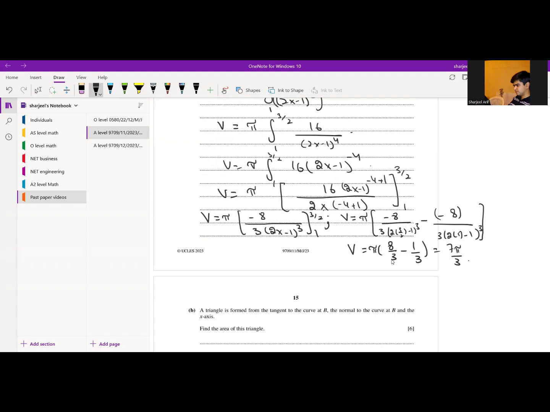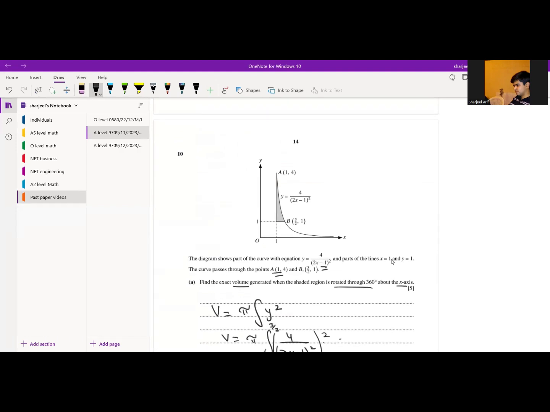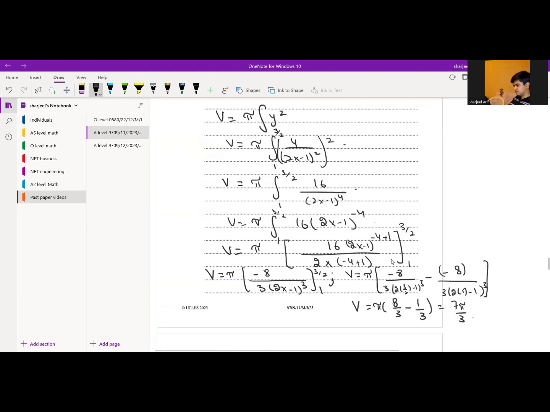Now remember, this means we have just found the volume from 3 by 2 to 1. This also includes this region. So that's a cylinder. So we have to deduct the volume of the cylinder from the volume of the previous part, the revolution, to find the volume of the revolution. Okay.